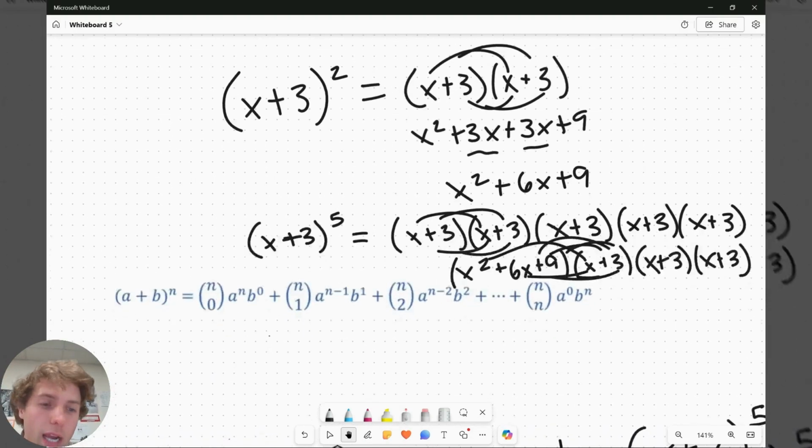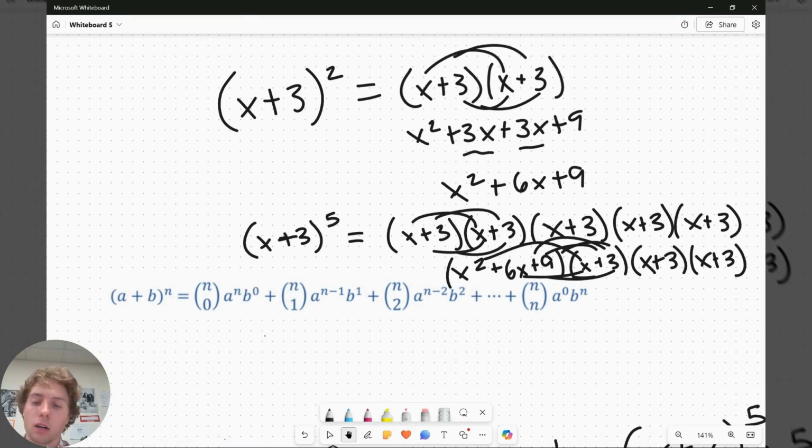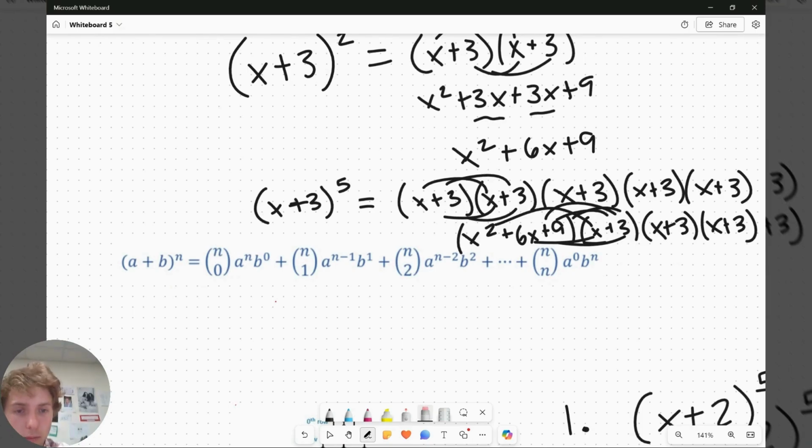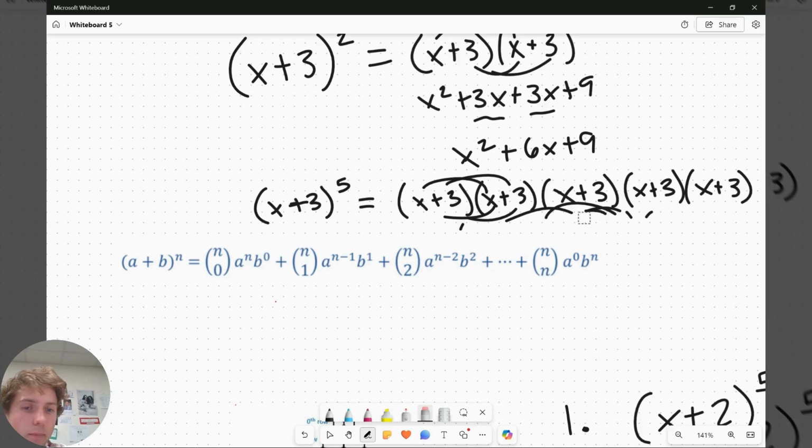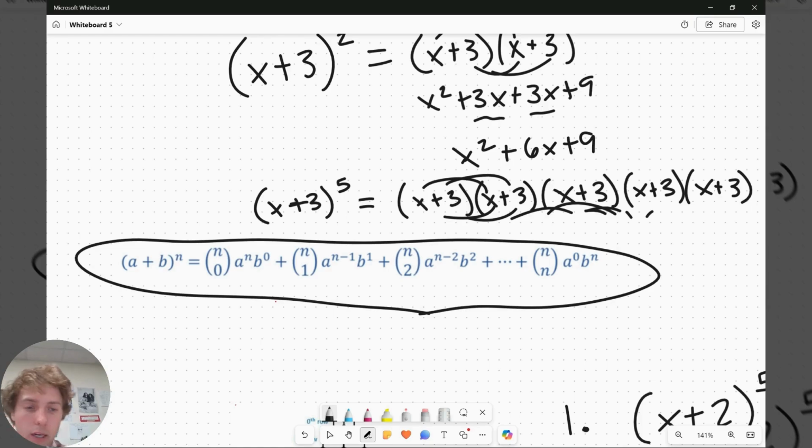So instead of just writing it out and trying to multiply this all together, there's what's known as the binomial theorem. The binomial theorem is what you see in blue here. This entire thing is binomial theorem, and it looks complicated, but it's really not too bad once we start to look at an example or two to break this down.